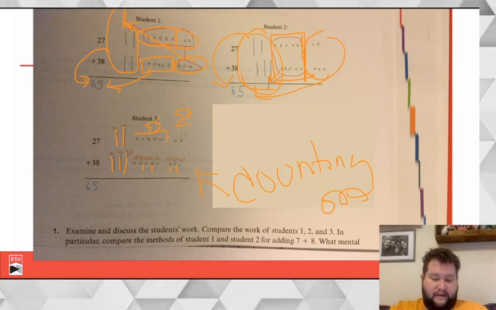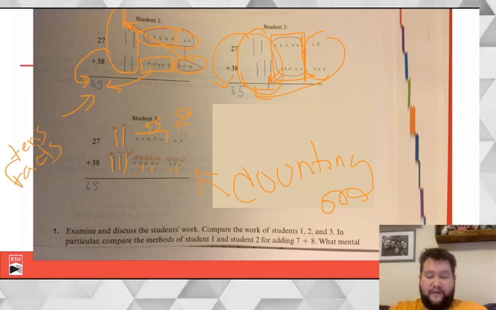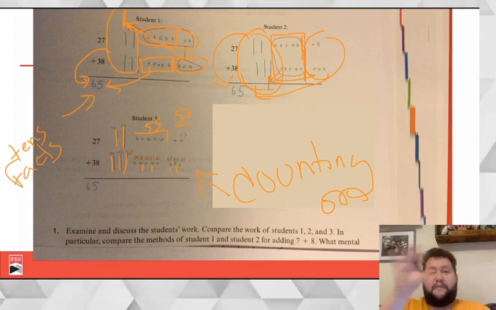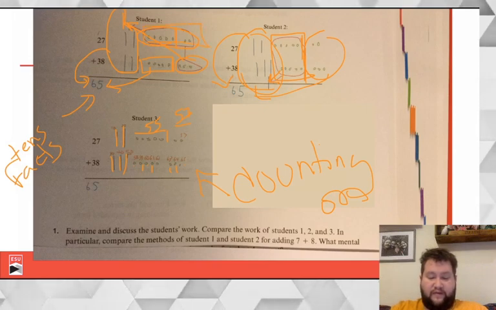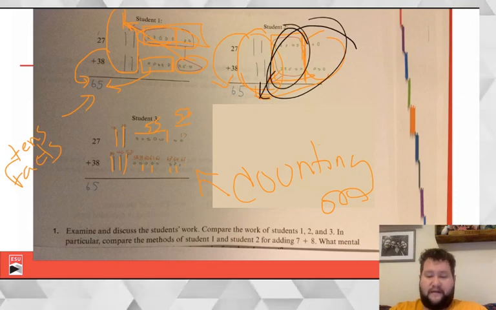And this is, we haven't learned these yet, but they're tens facts. 7 and 3, whereas the second student didn't worry about the fact that these 7 were clustered in the original. They were like, oh, I have a set. I can look at all of these together. And if I do that, well, I'm just going to take those 10 because I already know that there are 10 there.